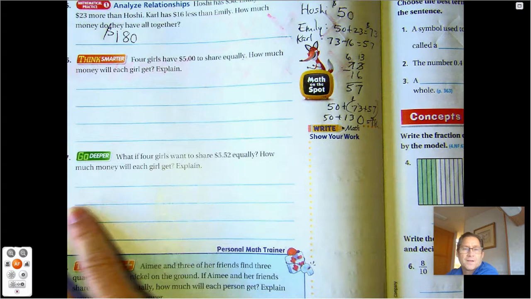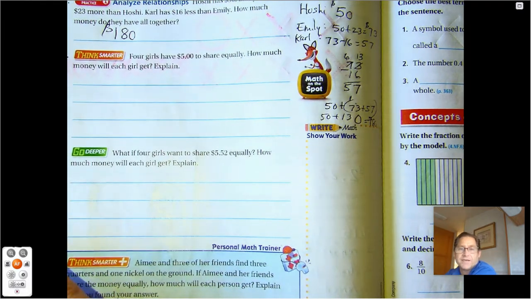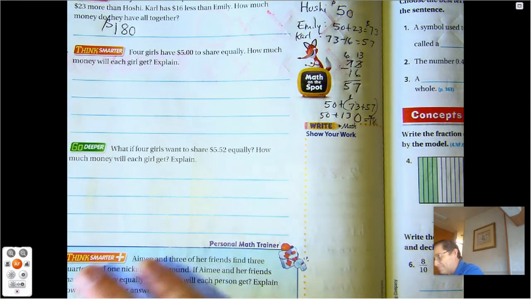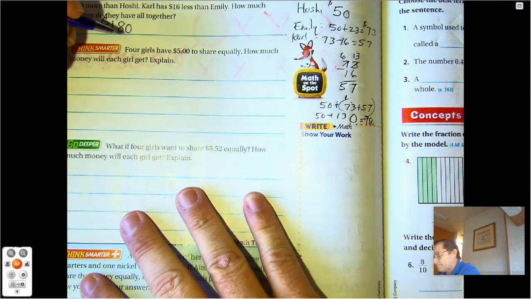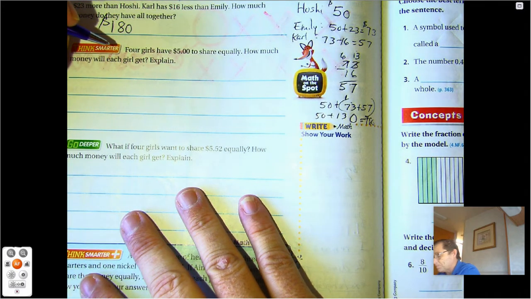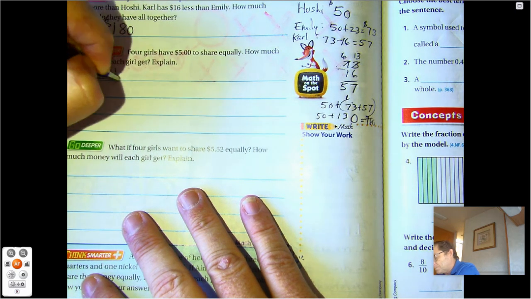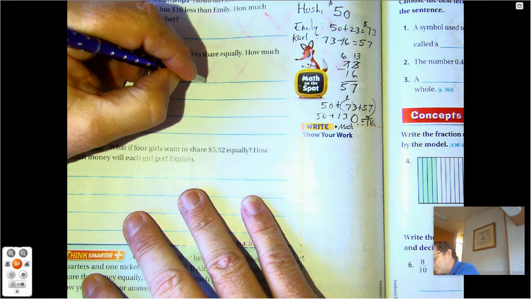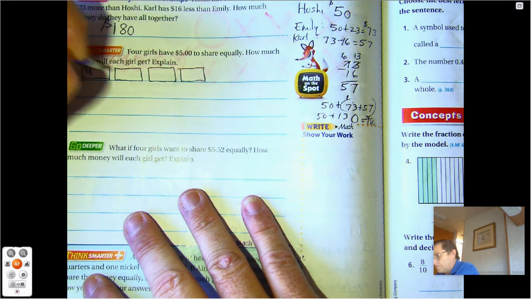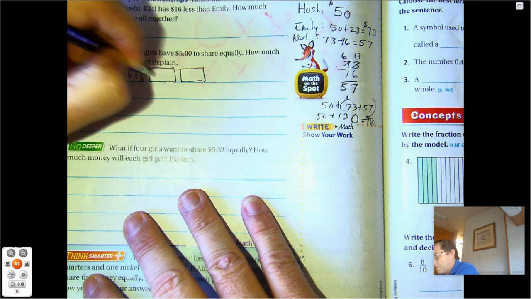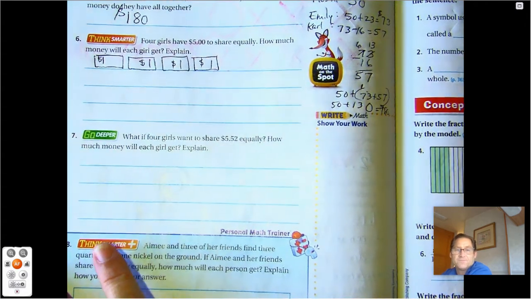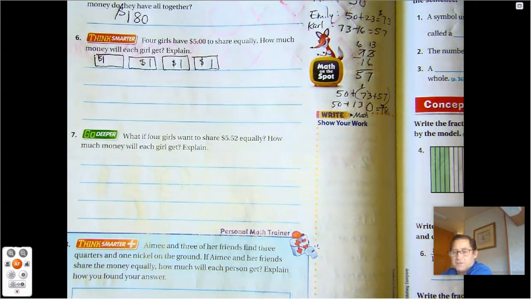4 girls have $5 to share equally. How much money will each girl get? All right, so I'm thinking that since there's four of them, if four of the $5 is in dollar bills, each of them would get a dollar bill, right?